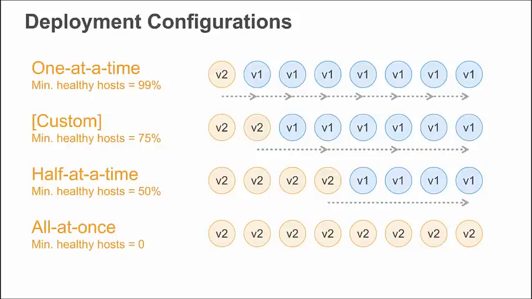It's important to note the flexibility you have when doing your deployments with AWS Code Deploy. When you create a deployment configuration, you control the setting for minimum healthy hosts. This lets you configure the speed of a deployment so you can balance availability and deployment duration.